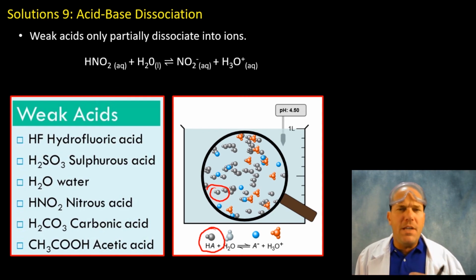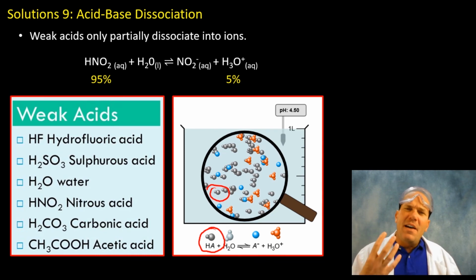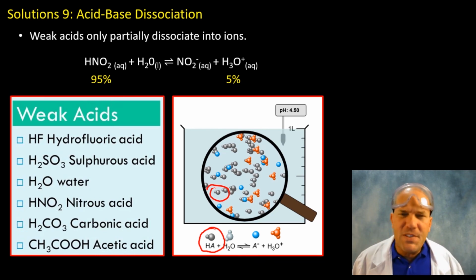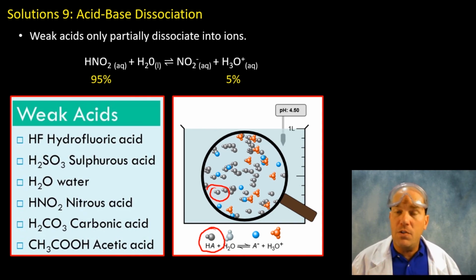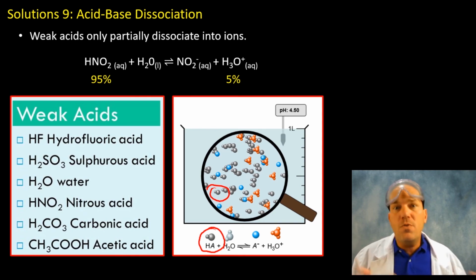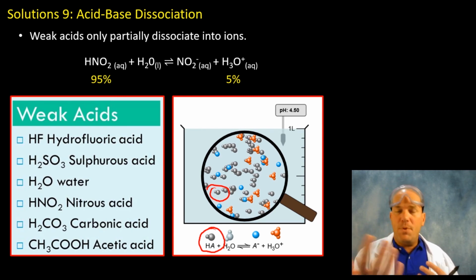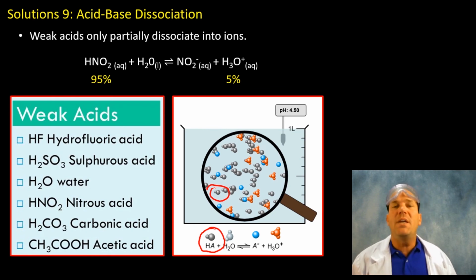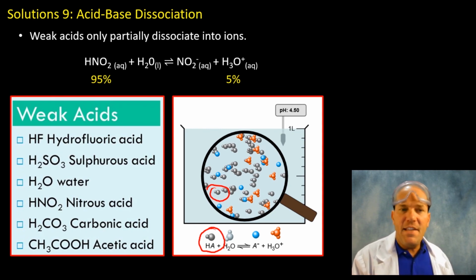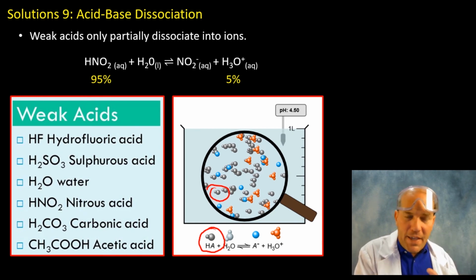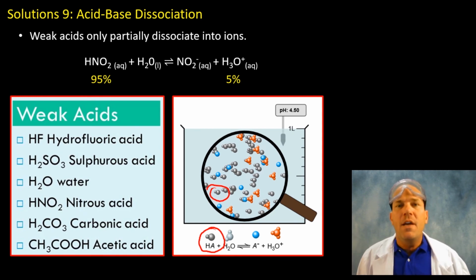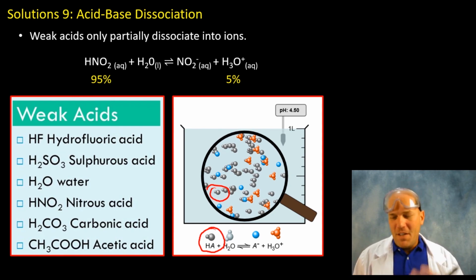If we were to put a percent dissociation to this, we could say maybe only 5% dissociate into hydronium, whereas in our strong acids, 100% dissociation occurs. These percentages are just estimates. It could be 98% of the weak acid remains intact as the weak acid, while only 2% would dissociate into hydronium.